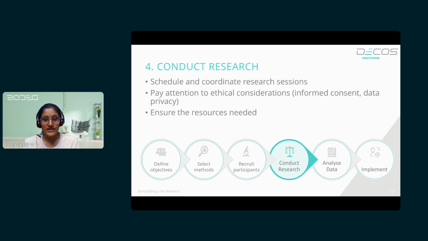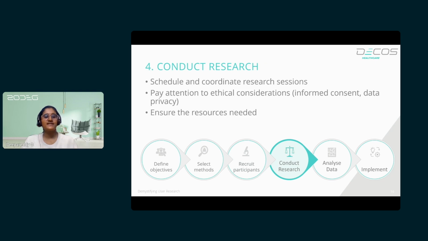Most importantly, we also need to ensure the resources that we require for the study. So let's quickly see some of the key essential resources which are required for both in-person studies and remote studies.